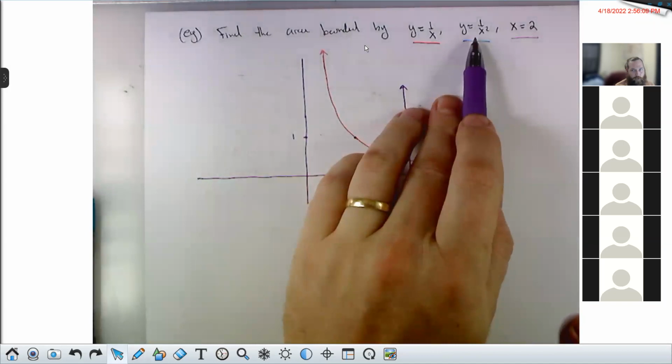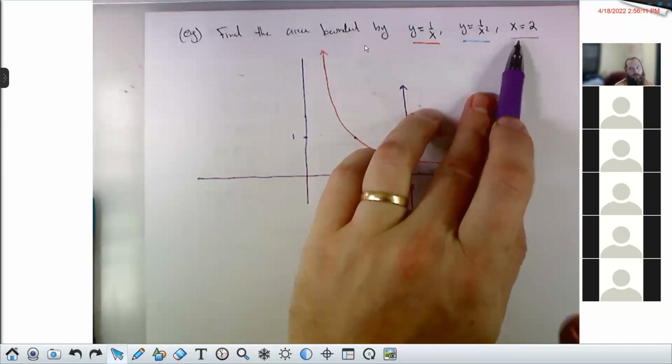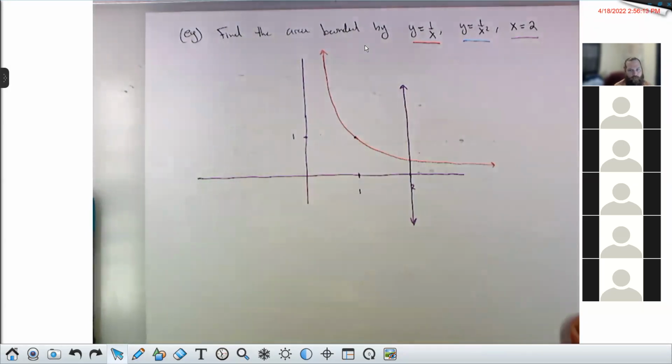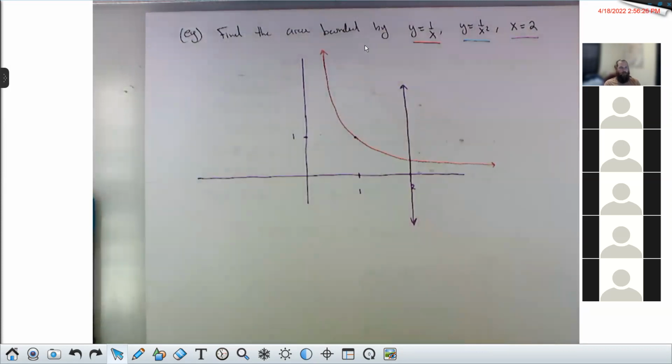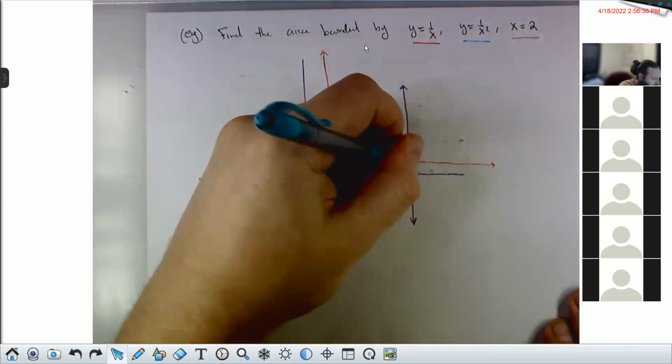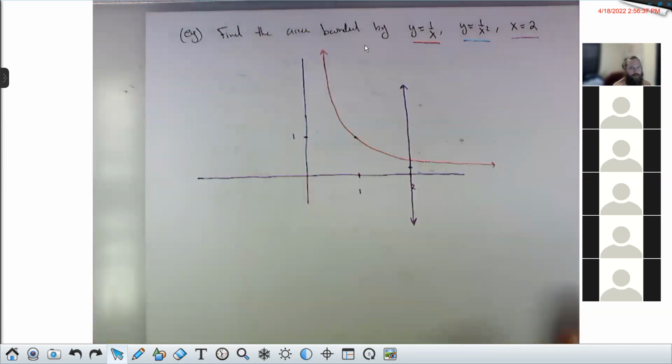Where is 1 over x squared going to be when x is equal to 2? You plug 2 in here, what do you get? 1/4. 1/4, right? Which is smaller than 1/2. So 1 over x squared at the intersection with x equals 2 is down here.